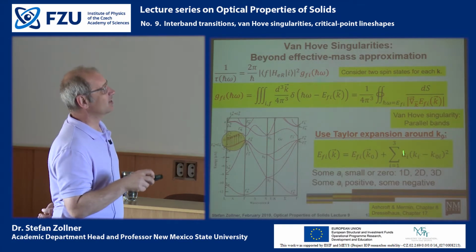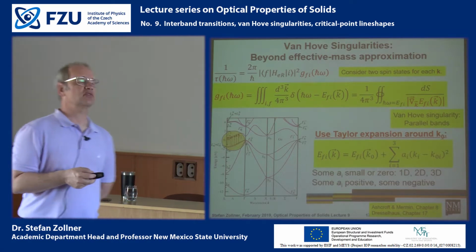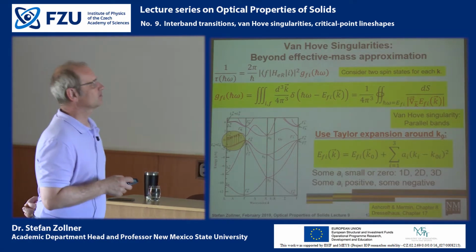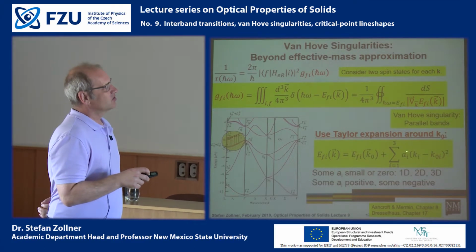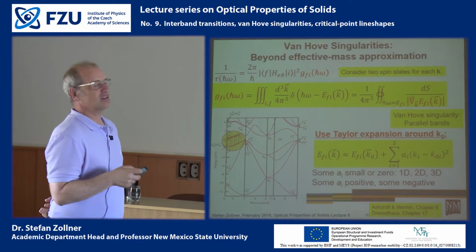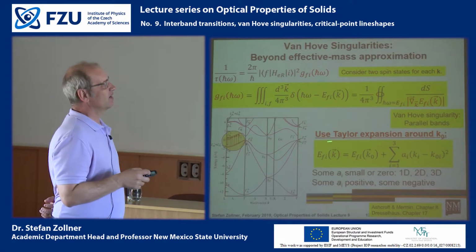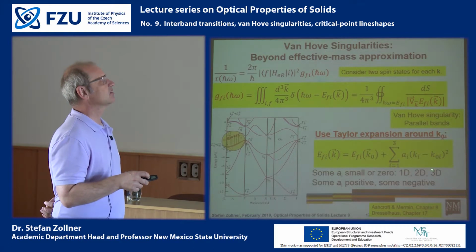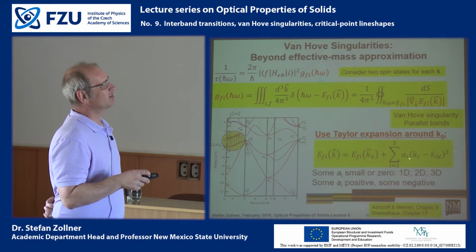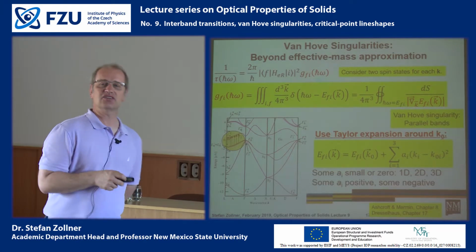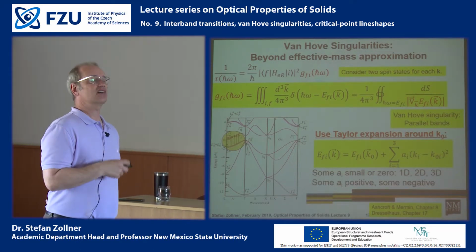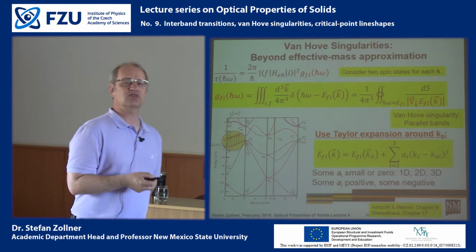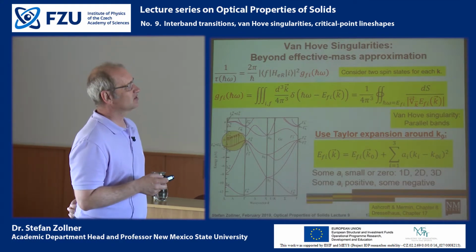And the Taylor coefficients, there are 3 Taylor coefficients for the x, y, z directions in k-space. If all of these a's are large, or about the same order of magnitude, then we call this a 3-dimensional critical point. On the other hand, what can happen is that one of these ai's is 0, and the other 2 are non-zero. So that would be called a 2-dimensional critical point.